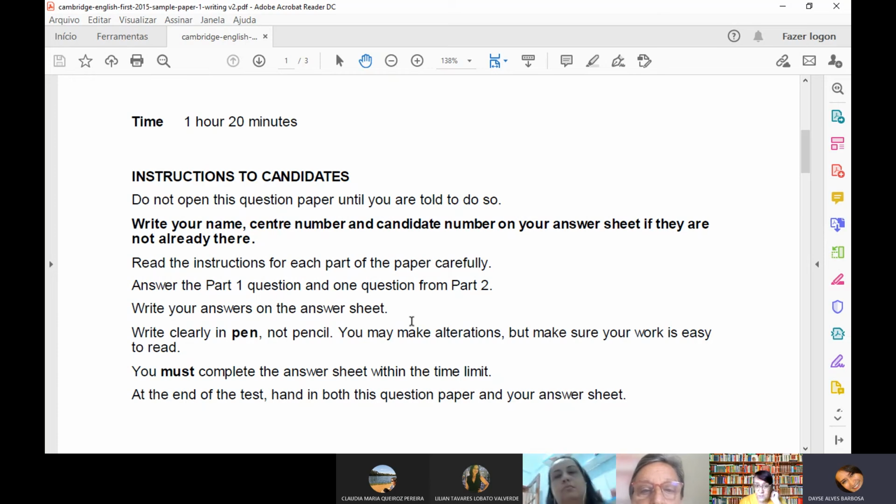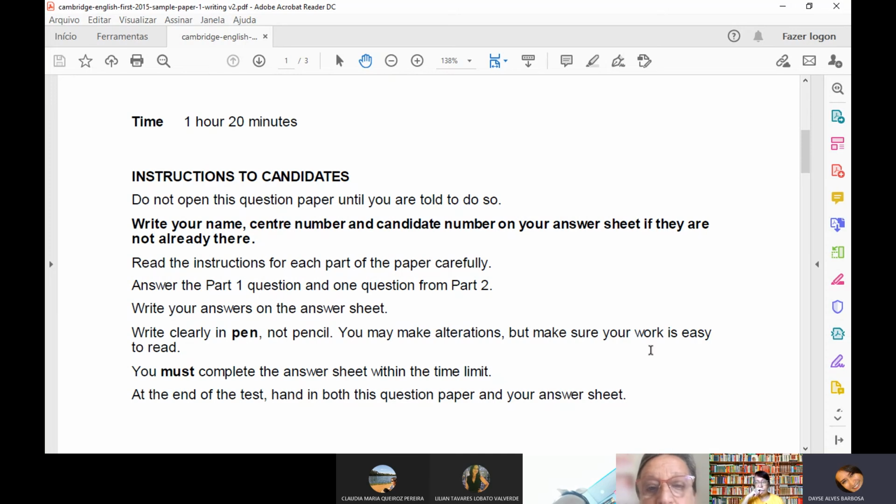But here for Cambridge, you can cross out, you can write over the word you consider wrong. But when you make the alterations, you have to do it in a way that does not confuse the reader, the one that is assessing your writing. Because if they can't read, of course, you're not going to receive a good mark. So write clearly. You can write using cursive letter, no problem.